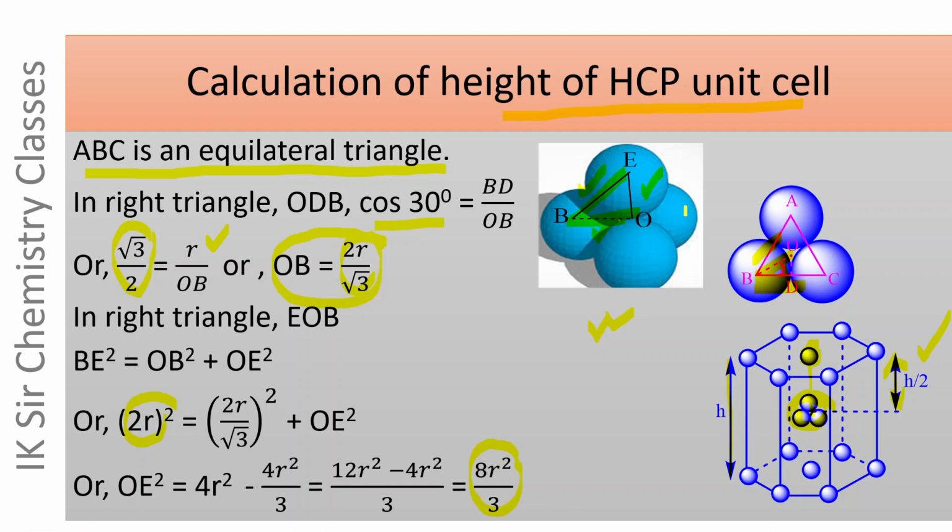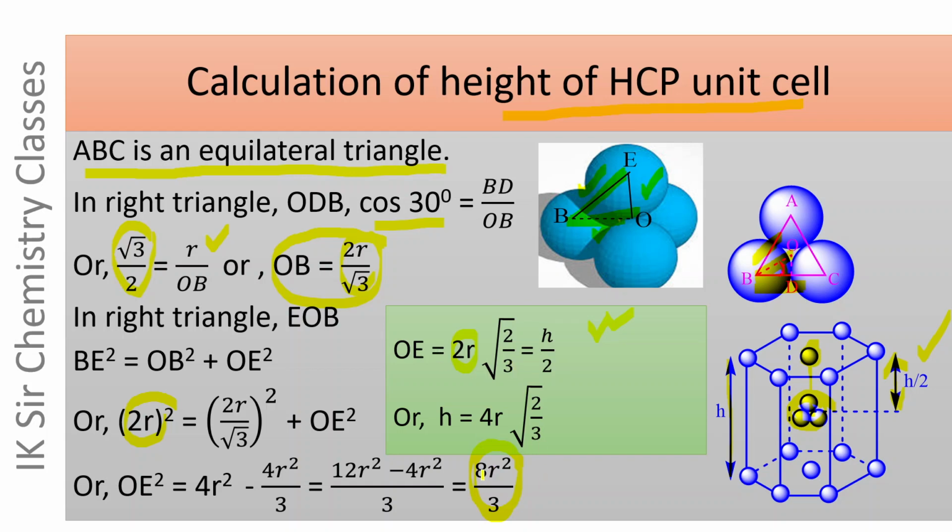OE will be equal to under root 8R square by 3, and on solving it we get 2R multiplied by under root 2 by 3.